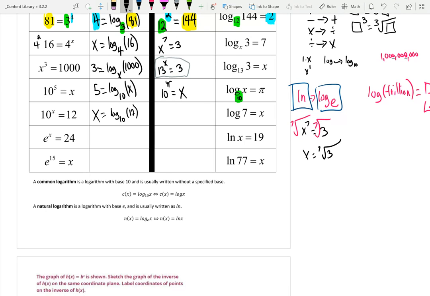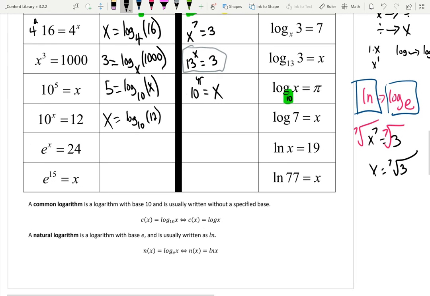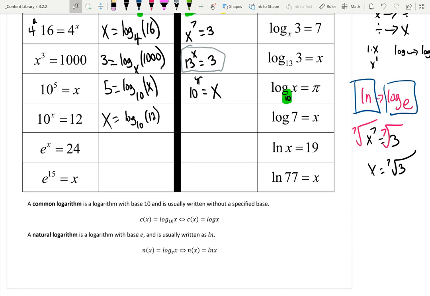So team, basically we've been practicing and we're going to finish up this chart. We're going to start on the left with e to the x is equal to 24. I'm going to write this with my exponent.